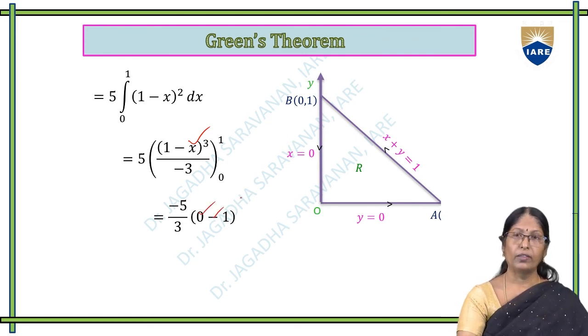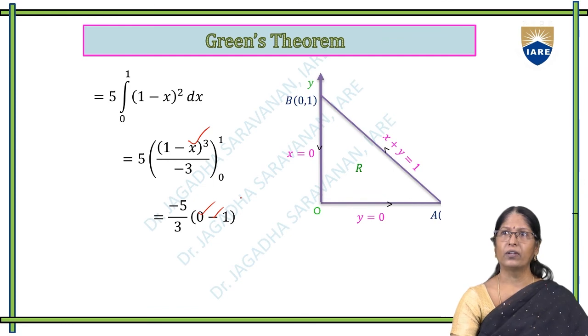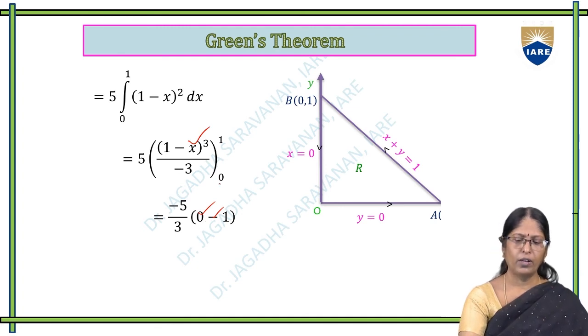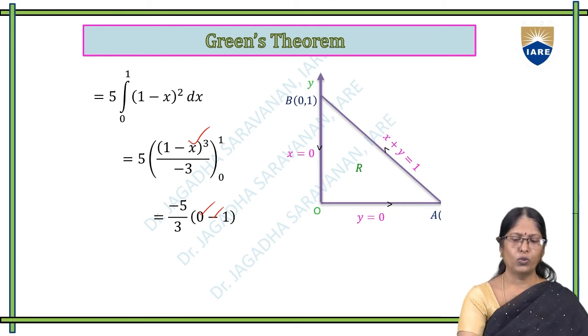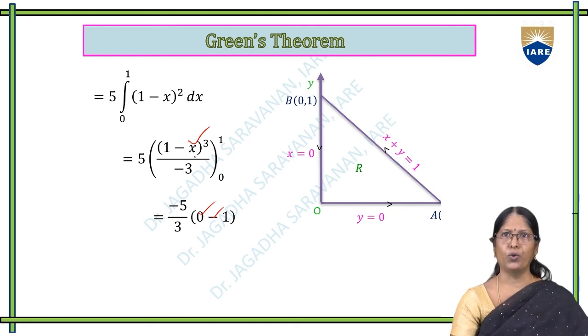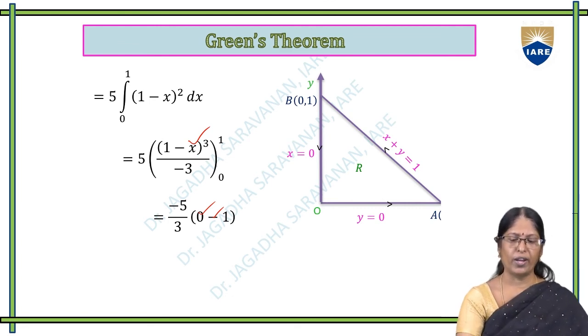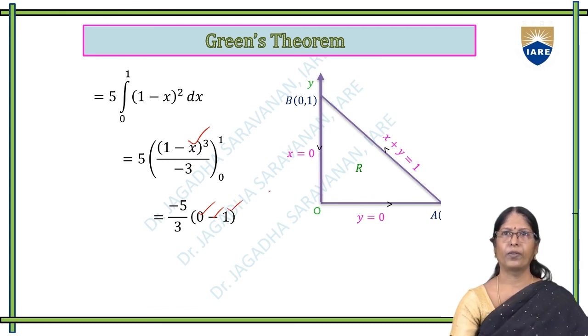Here the sign is minus and the lower limit value is 0. Substituting, we are getting 1. So minus minus put together, we got plus 5 by 3.